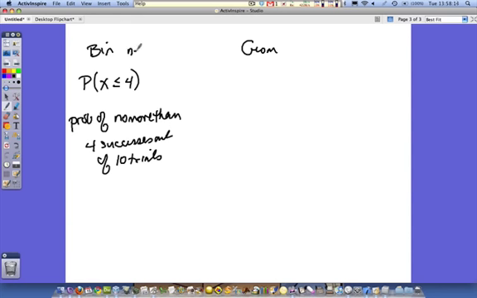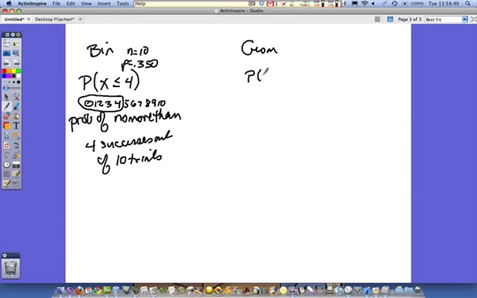And let's go ahead and just keep n equals 10 and p equals 0.350. Okay? So this is a CDF function. 0, 1, 2, 3, 4, 5, 6, 7, 8, 9, 10. We're looking for these probabilities right here. Probability of no more than 4 successes out of 10 trials.